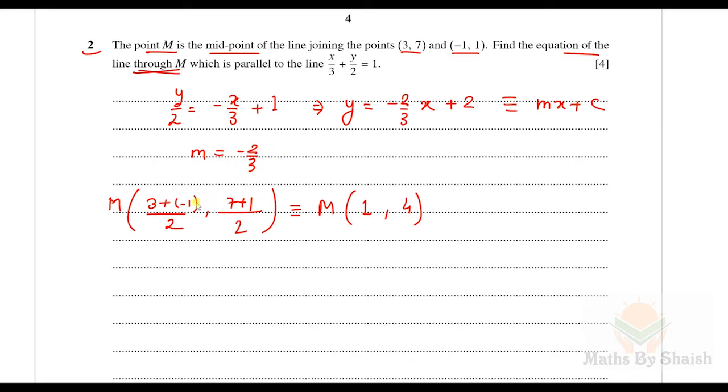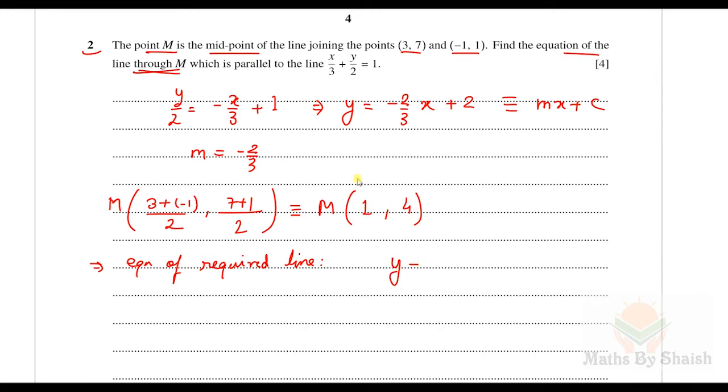Since the line we require is parallel to this line, the gradient of the required line should be minus 2 by 3. So from here we can directly write the equation of the required line will be y minus y1.